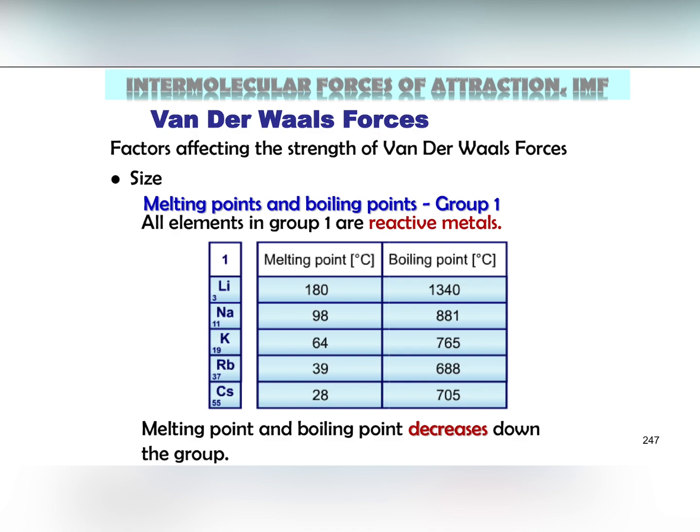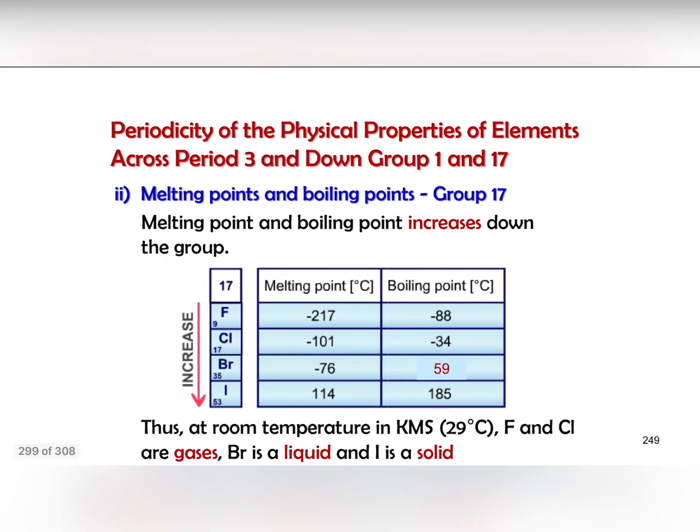You need less energy to overcome the bond. So, untuk this group 17, dia terbalik. As you go down the group, fluorine, chlorine, bromine, iodine, you can see the melting point and also boiling point ni semakin besar. Okay, so why? Kita akan tengok lah after this dia punya explanation.